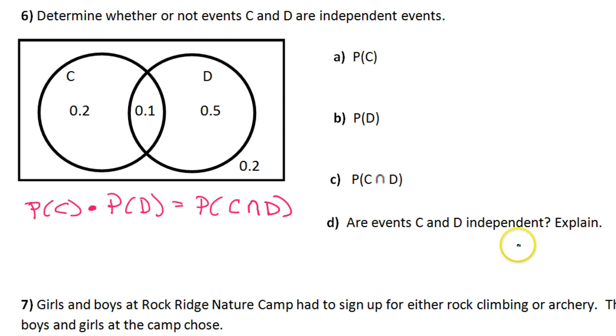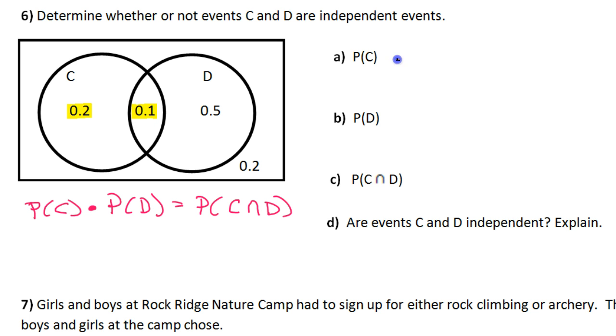And I guess that's what they're walking us through by having us do these calculations individually. So probability of C, first of all, see how these are already given as decimals? That means these are already percents. So the probability of C means both of these together, not just the 0.2, but with the 0.1, together that's 0.3.